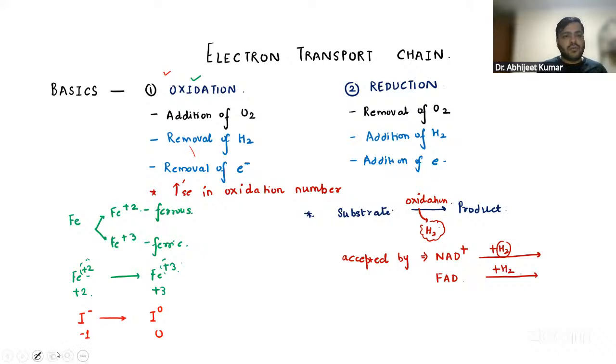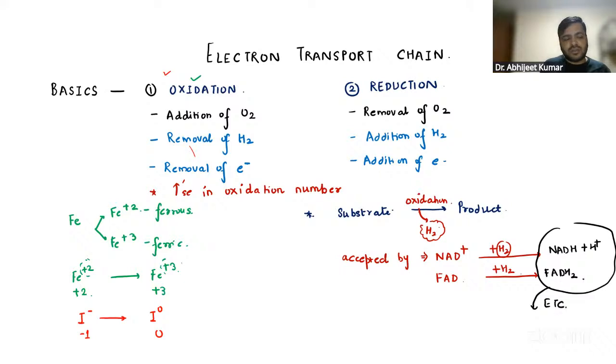Now, what will it form, guys? This NAD plus will form NADH plus H plus, and FAD will form FADH2, right? Now this NADH and FADH2 will enter into the electron transport chain to release the ATP, right?